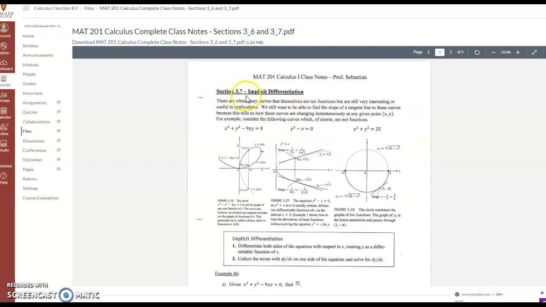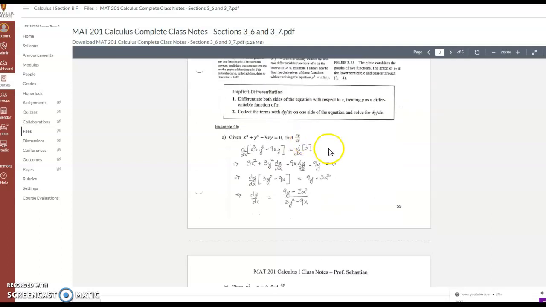And then in the last section of the week is something called implicit differentiation. It's essentially the chain rule. When you have an equation like this, notice that we don't have y equals f of x. We just have x cubed plus y cubed minus 9xy equals 0. Solving this for y is either really hard or maybe impossible, a lot of times actually impossible.